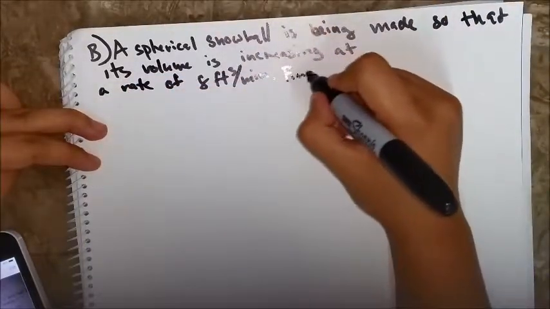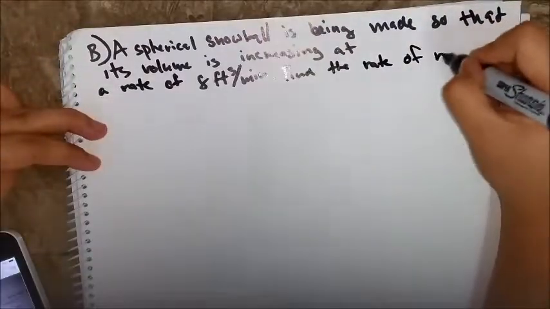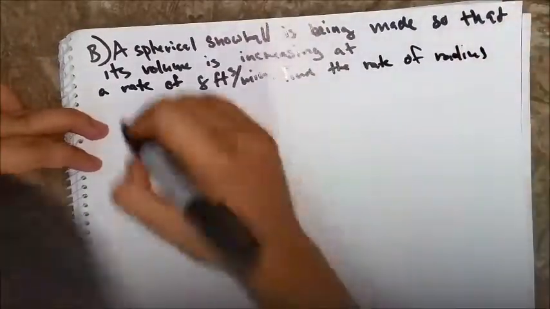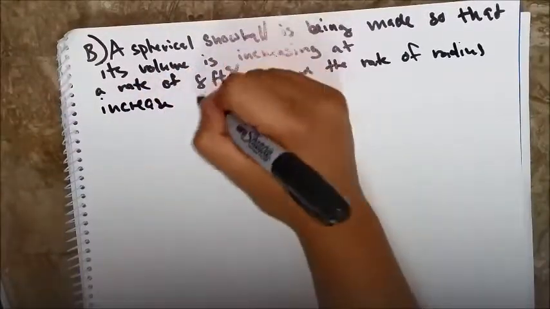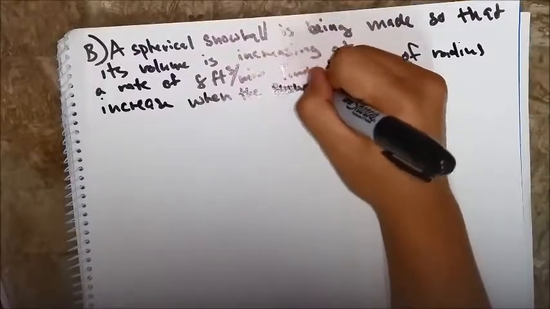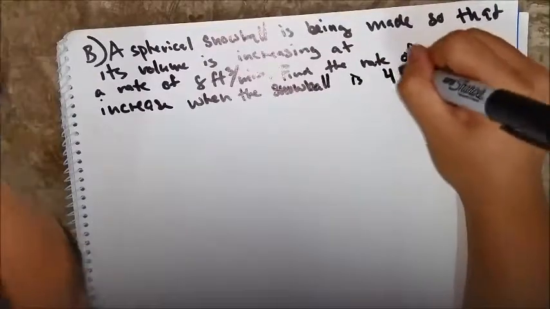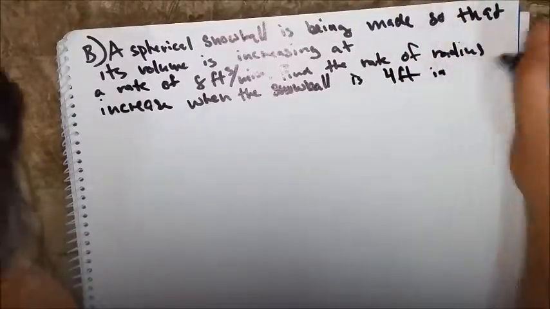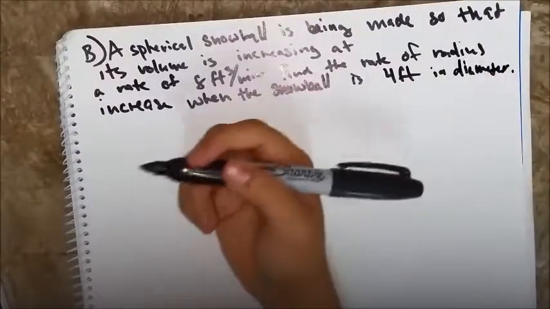Find the rate of radius increase when the snowball is 4 feet in diameter. Okay, let's begin with the given.